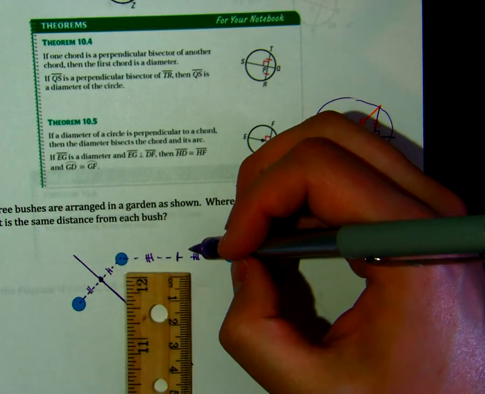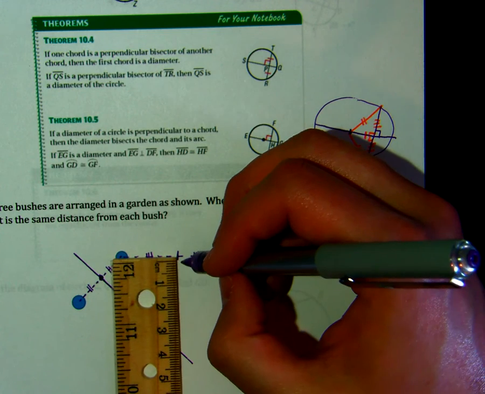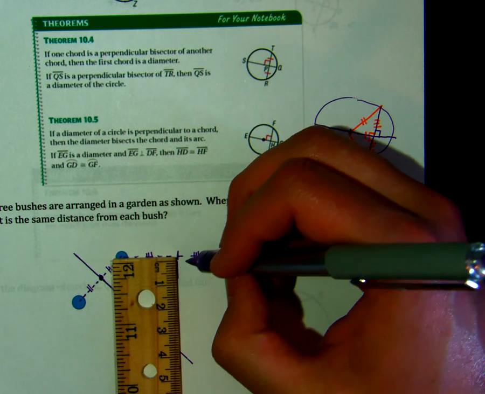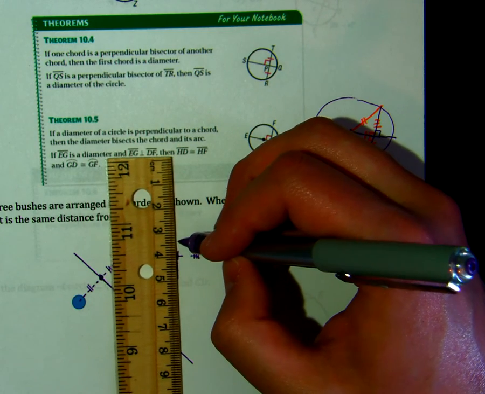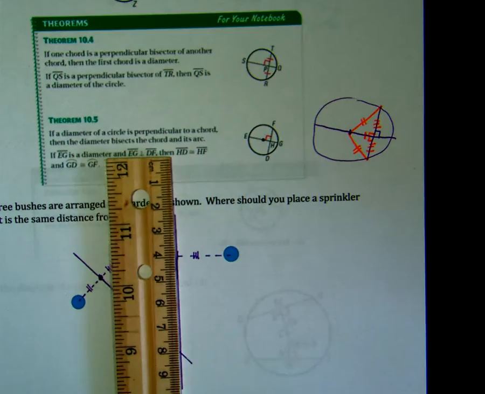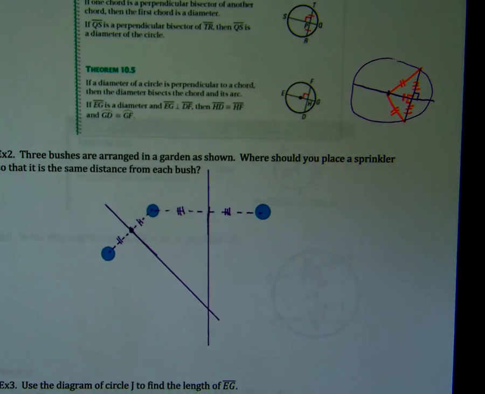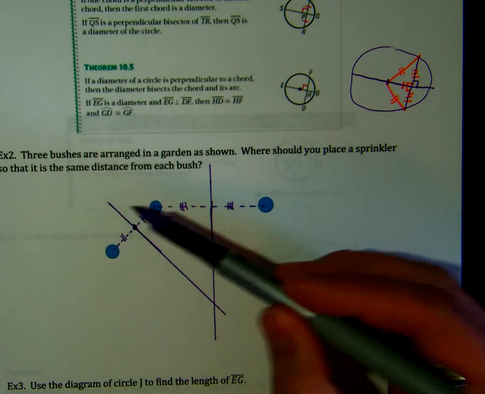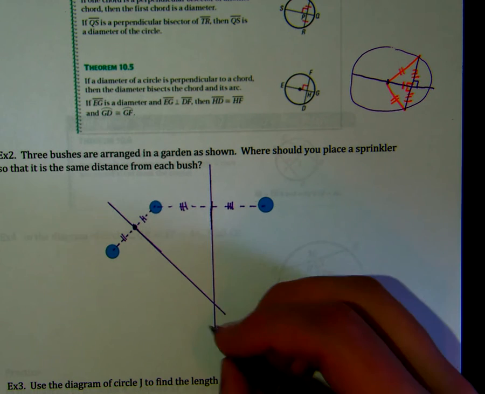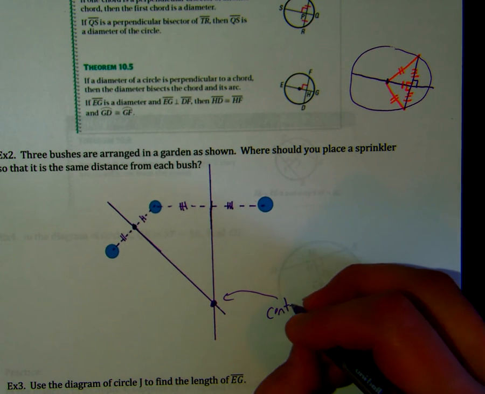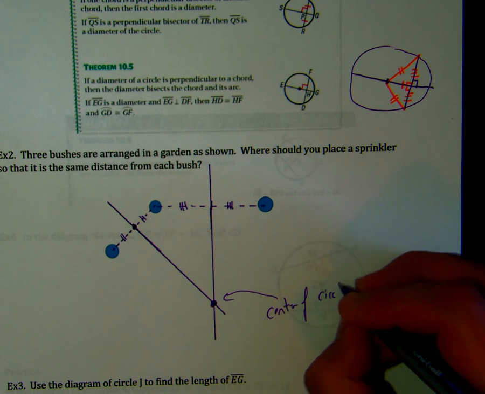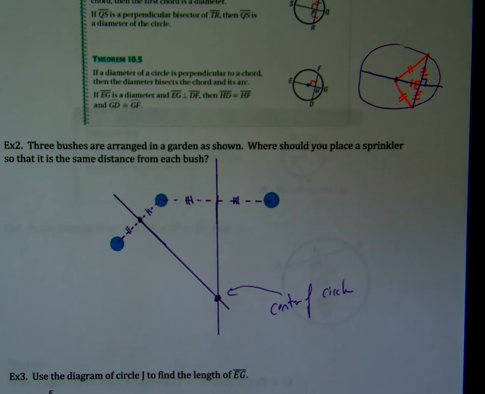If this chord that I'm drawing up and down is a perpendicular bisector of this top chord, then it is also a diameter. So we have a diameter going this way, a diameter going this way, which means this should be the center of the circle that contains these 3 points, which means that is exactly where we want the sprinkler to be.